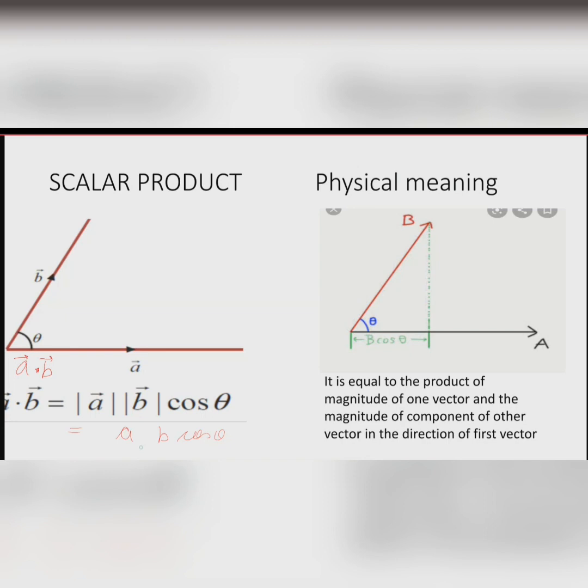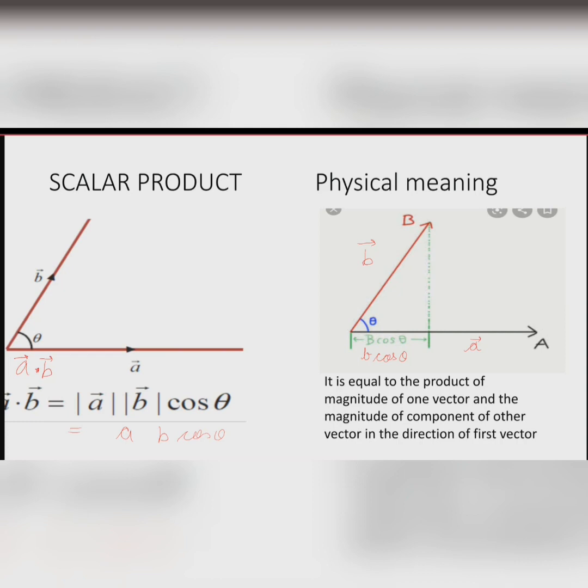If we look at this second diagram, look at vector B. If I take a projection of vector B along vector A, using the same notation, this is my vector B and this is my vector A. So this is B cos theta, which is basically the projection of vector B along vector A.